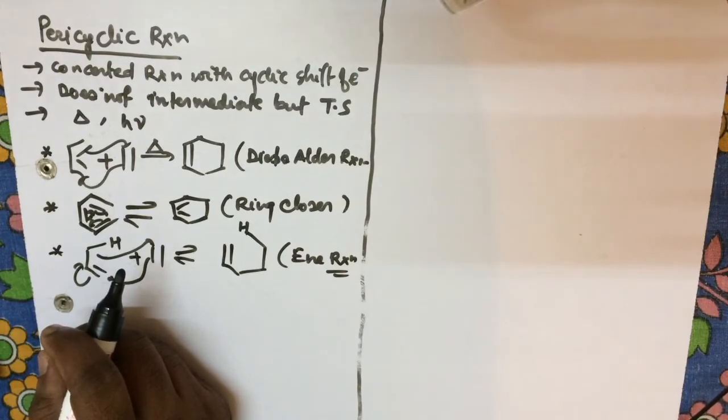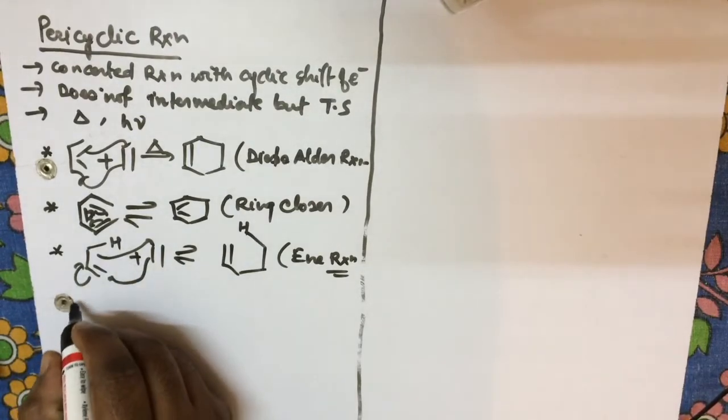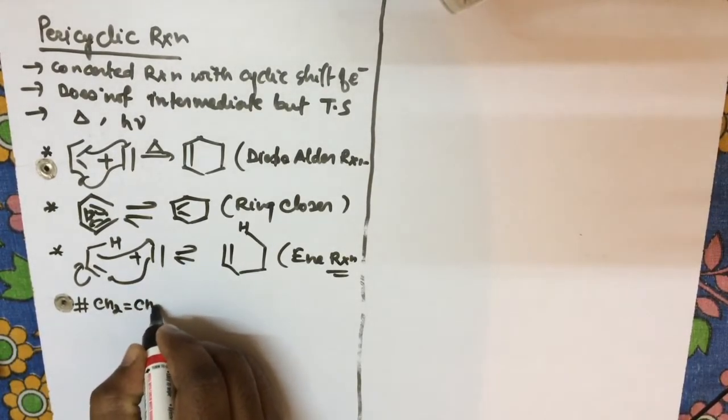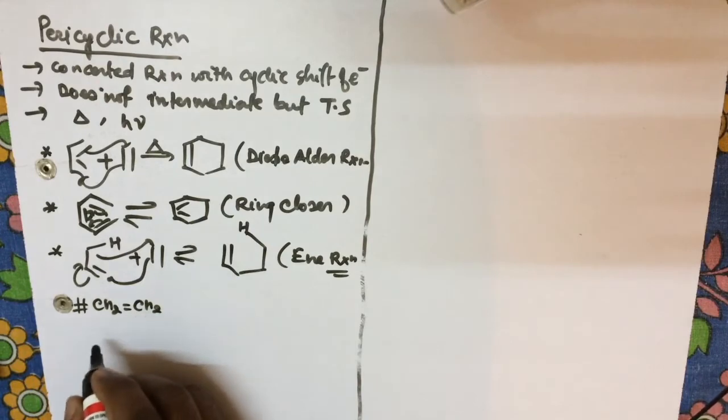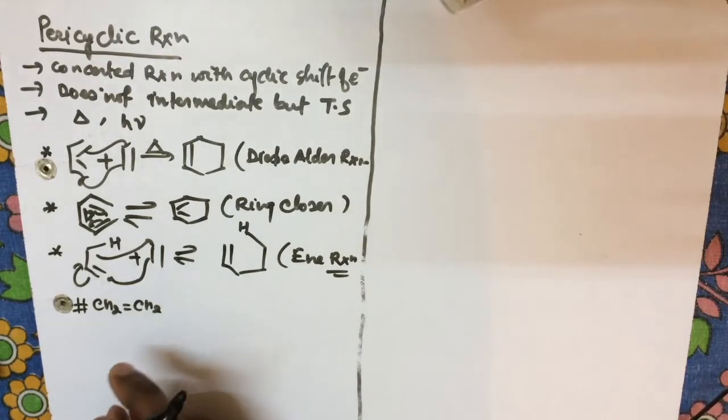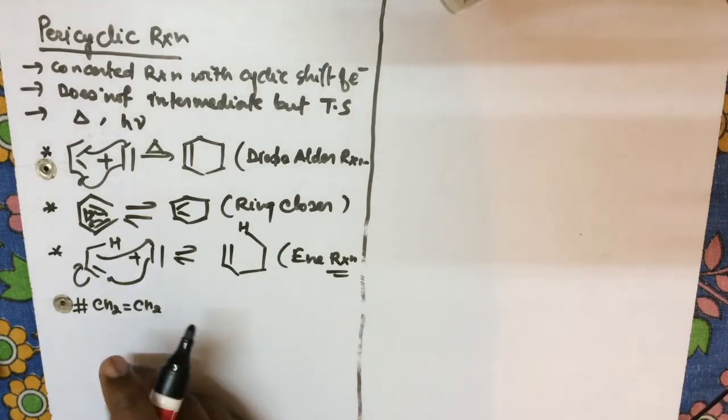If we see the ethylene molecule, CH2 double bond CH2, the number of carbons is 2 and the number of pi electrons is 2, and the number of nodes is n-1.